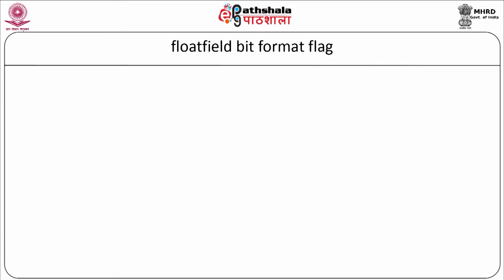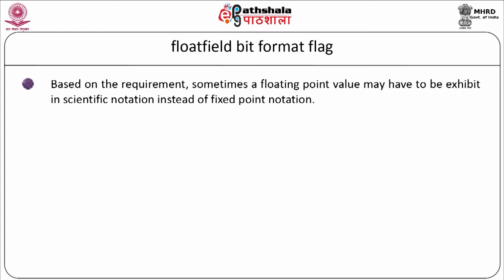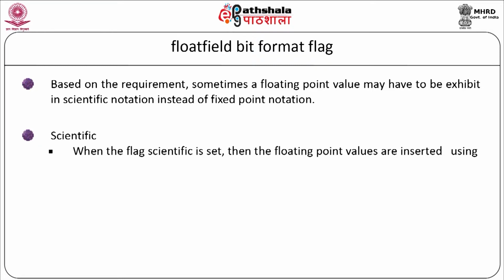Now let's see the floatfield bit format flag. Based on the requirement, sometimes a floating point value may have to be exhibited in scientific notation or in fixed notation. So we will see these 2 formats, scientific and fixed. When scientific is set, then the floating point values are inserted using the scientific notation.